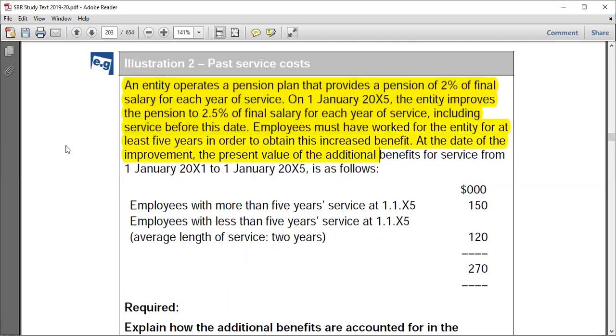We are told here that employees with more than 5 years of service at 1st January 20x5, at that date, we have this figure here. This is the present value of the benefits. Employees with less than 5 years, we have 120. And this gives us a total benefit of how much? Of 270, right? Now take a look at the requirement.